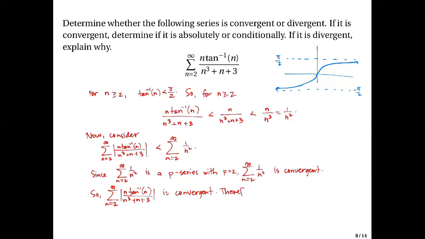Therefore, the original series without absolute value is absolutely convergent. Okay? Questions? Okay.